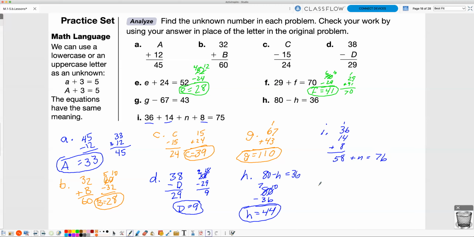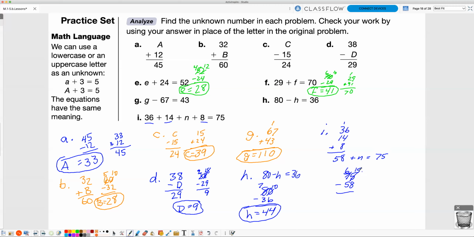So because it's 75, I have to take, in this case, 75 minus 58 to determine what that value is going to be. So 75 minus 58 would be 6 carried.